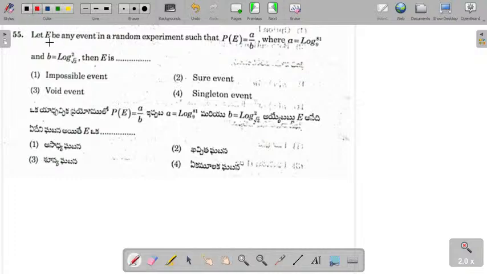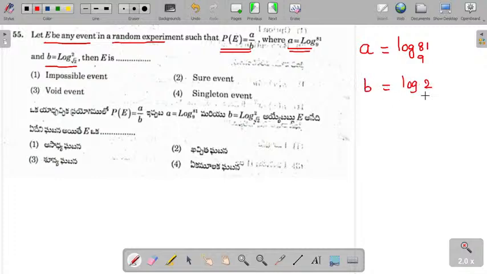Make a plan. Let E be any event in a random experiment such that P of E is equal to A by B, where A is equal to log 81 to the base 9, and B is equal to log 2 to the base root 2.